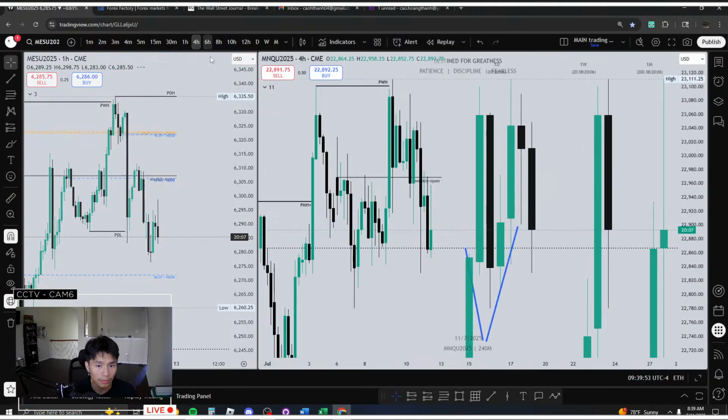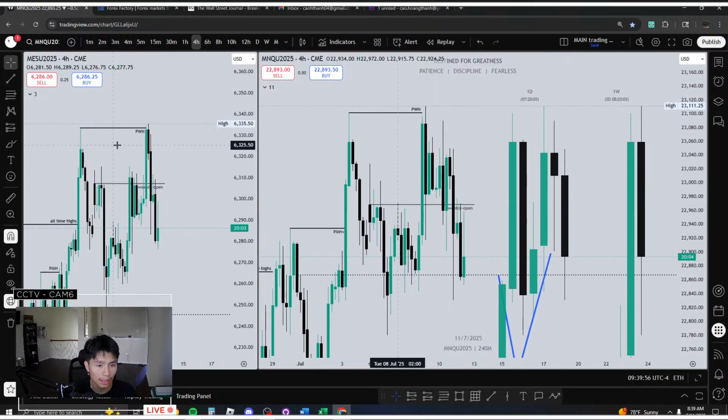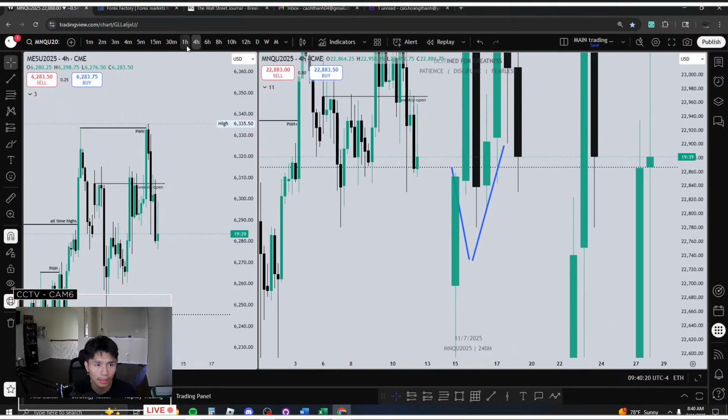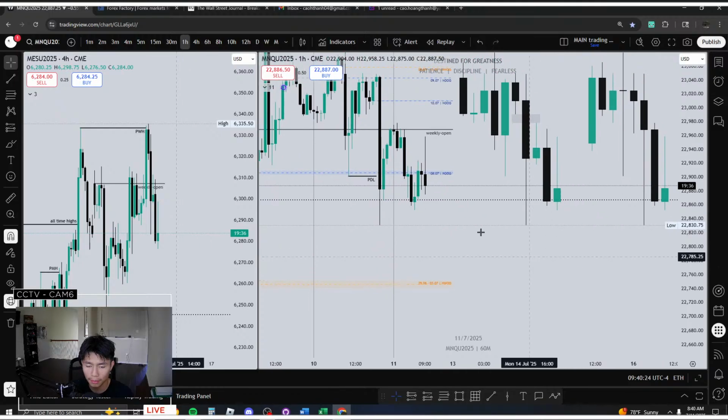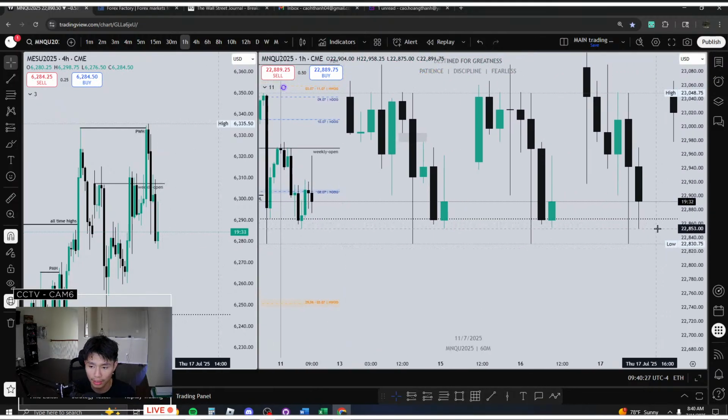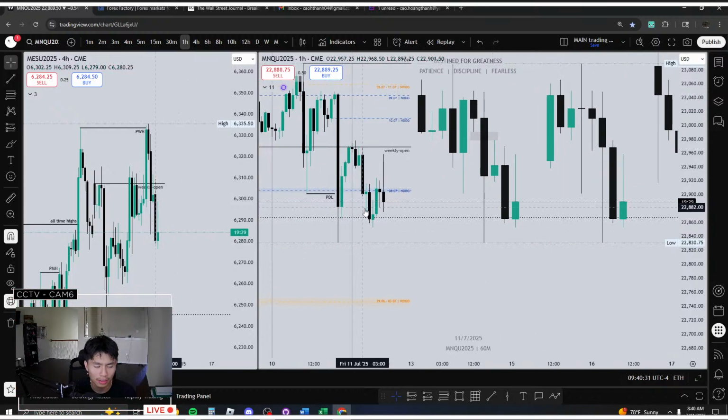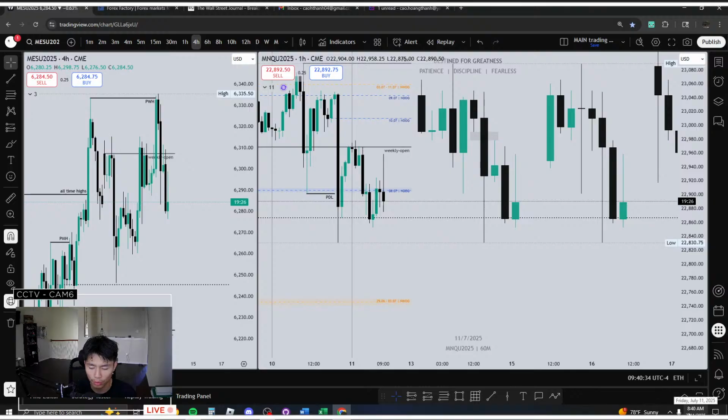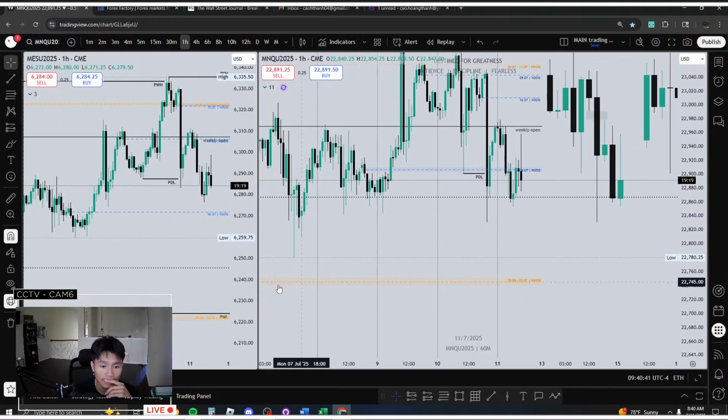And I do want to see if, yes, we've taken out previous week's high, and on NQ as well. However, there is an SMT divergence here. There's an SMT divergence there. That's interesting, but yeah, there is some SMT divergence at the lows between NQ and ES. I think it really just comes down to how we close for the 4-hour candle and the 8-hour candle before I really confirm a bias. But just keep in mind that there is SMT.